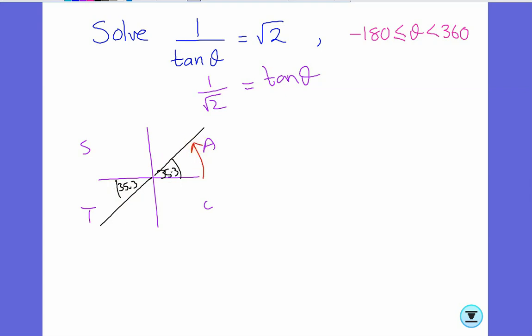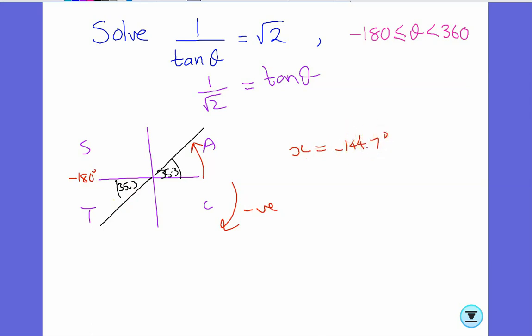We've got to go from minus 180, so let's do that first. So we're going to go in the negative direction. So we do get a hit, okay, so that is this being minus 180. So we've got 35.3 less than that, so that is going to be minus 144.7 degrees.